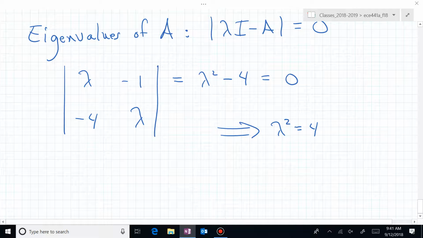Lambda squared is equal to 4. We have 2 lambdas. It was a second order system, a 2 by 2 system matrix. We would hope we get 2 eigenvalues, a lambda 1 and a lambda 2. And a lambda 1 when it's squared needs to give us 4, and a lambda 2 when it's squared needs to give us 4. What are my eigenvalues?